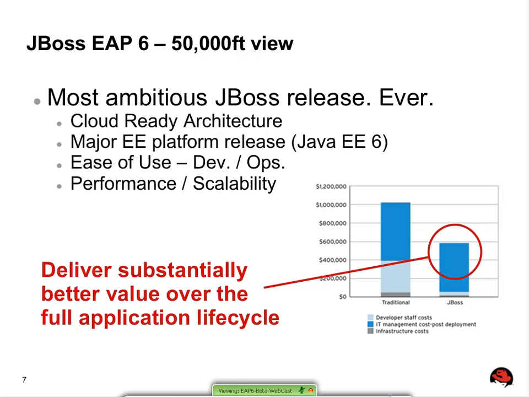JBoss has always done a great job of appealing to developers and satisfying developer needs. In many ways, JBoss historically has been built by developers for developers. Studies we've commissioned show pretty starkly that developing on JBoss, because it's typically the preferred tool anyway, is cheaper, more efficient, and far more productive than developing against competitors' products.